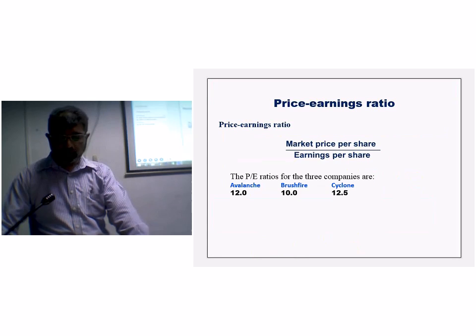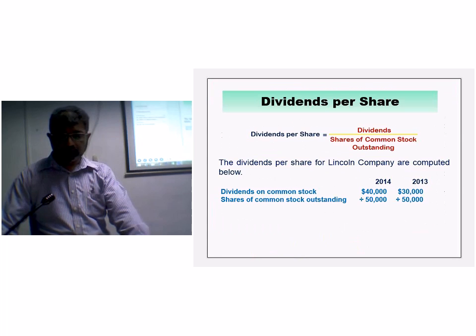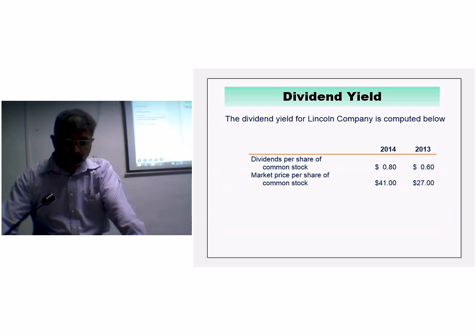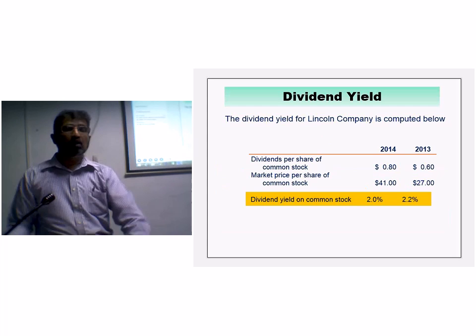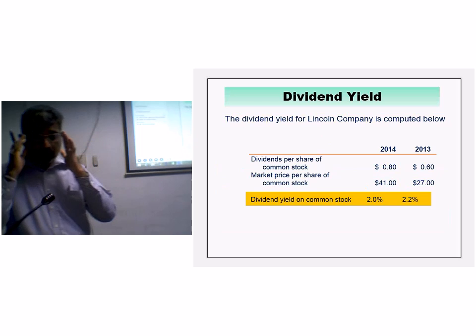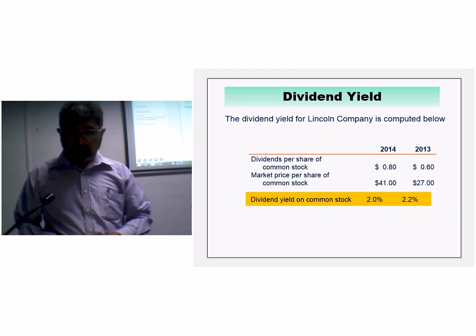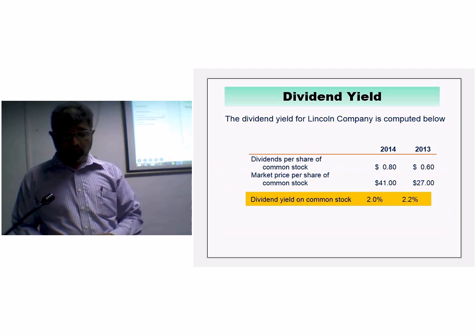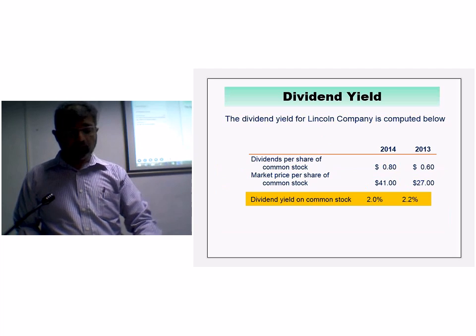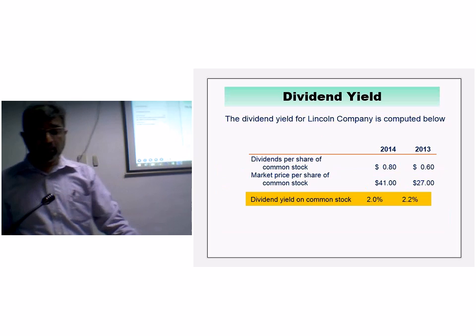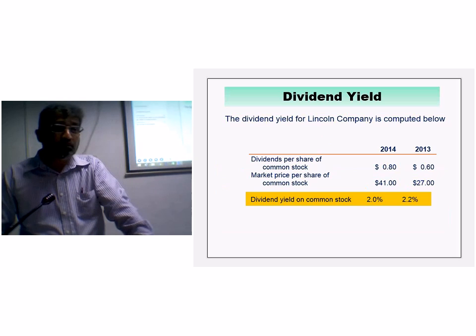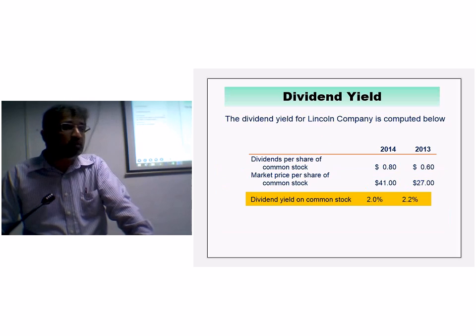Now we can see the calculation process for price earning ratio, and some other examples also for dividend yield and earning yield, right? I think you have a clear idea about these ratios. Today morning we started with the analytical tools, financial statement analytical tools. We discussed the horizontal method, vertical method, and ratio level method.